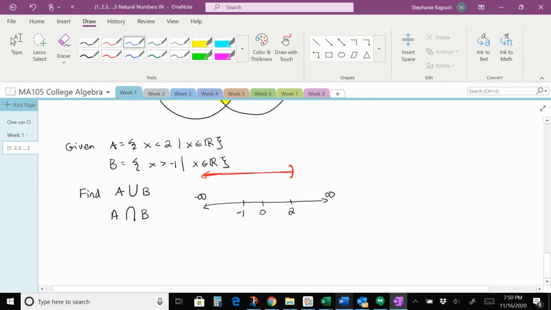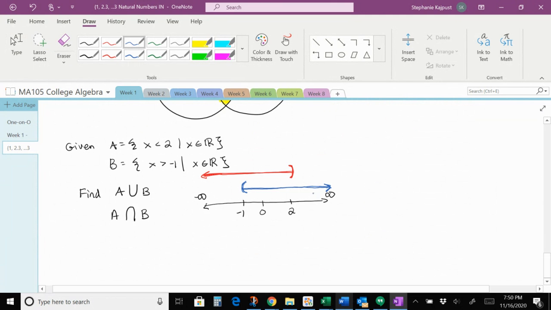Set B is x greater than -1. So at -1, it's a parenthesis, and then greater than, so I'm going to the right. So you can visualize that way where they would be overlapping and where you would be having the union.